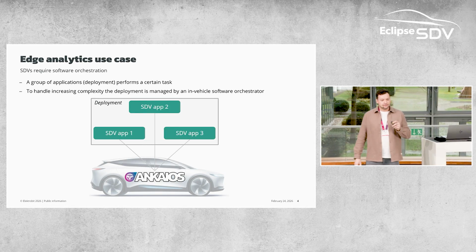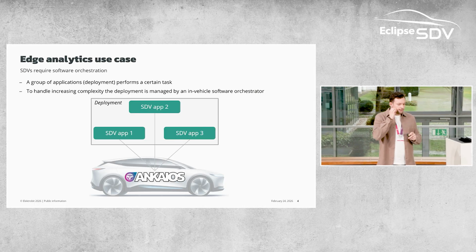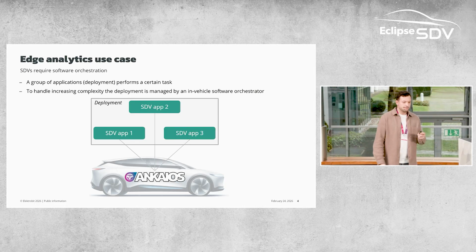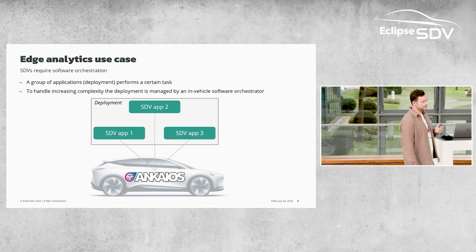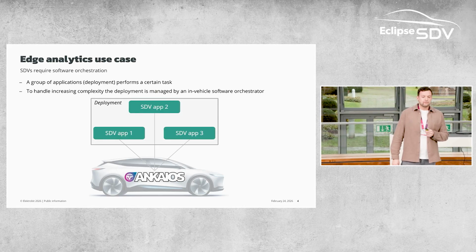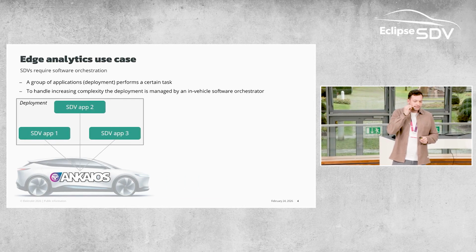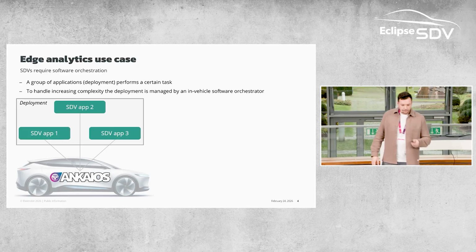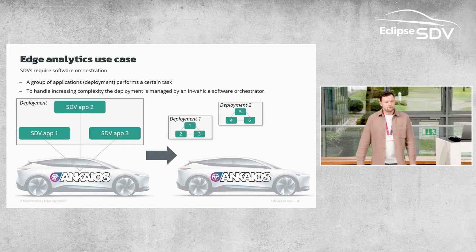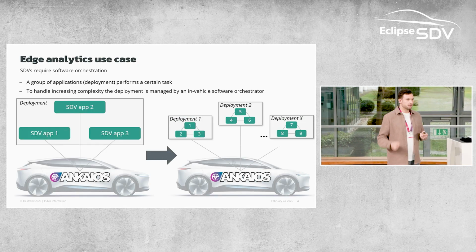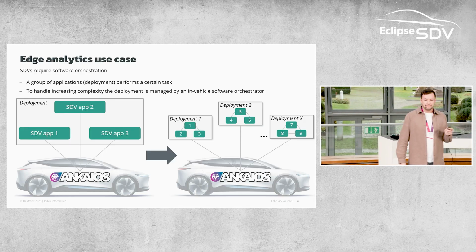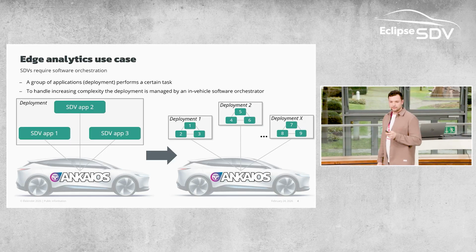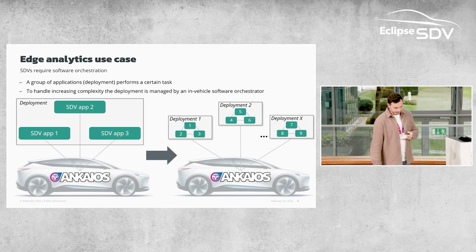To handle this increasing complexity, the deployment is ideally managed by an in-vehicle software orchestrator, which is, for example, Eclipse Ankaios. And I want to underline this a little bit more, because you might have multiple kinds of deployments, and a software orchestrator like Ankaios will help you handle this complexity and this integration.